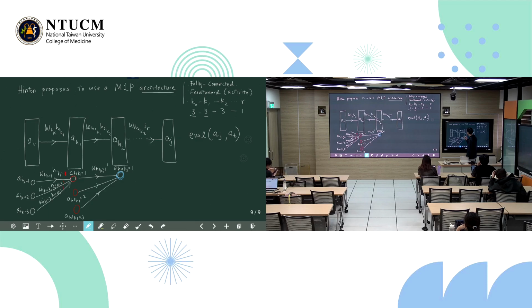AH2, K2 equals to 1. W AH1, K1 equals to 2, H2, K2 equals to 1, and WH1, K1 equals to 3, H2, K2 still equals to 1, right? Get it? Okay?